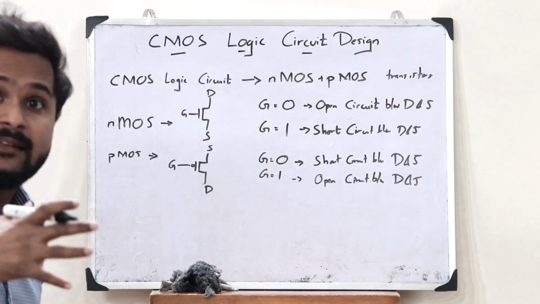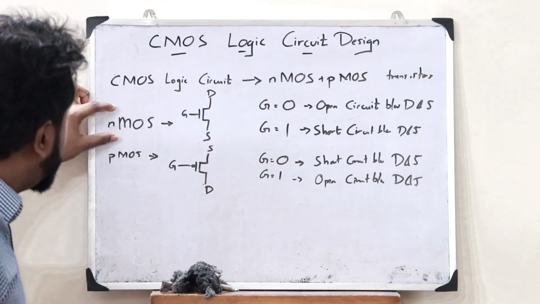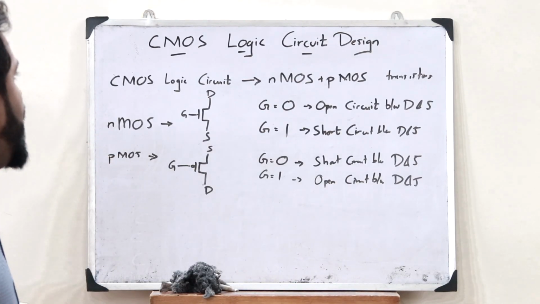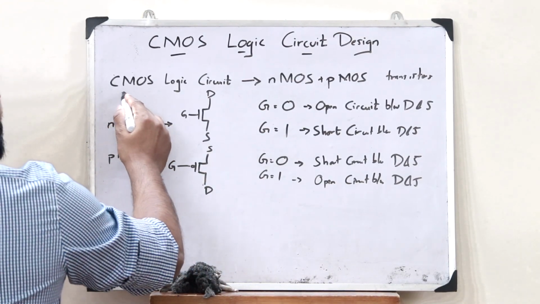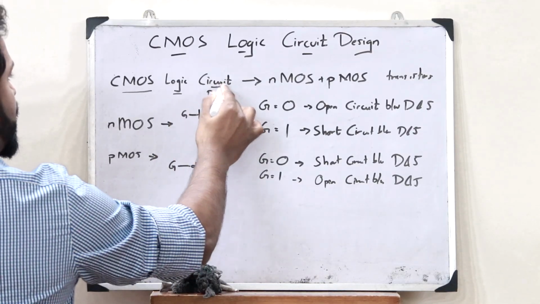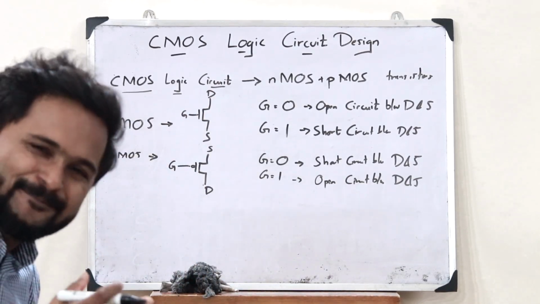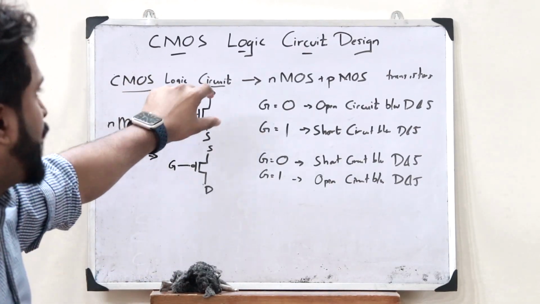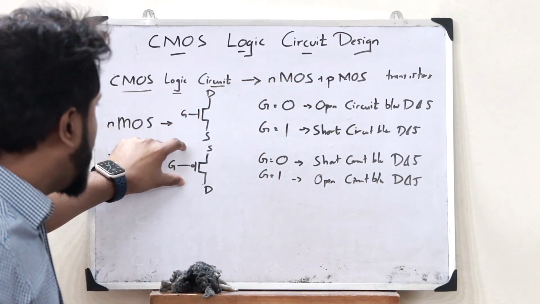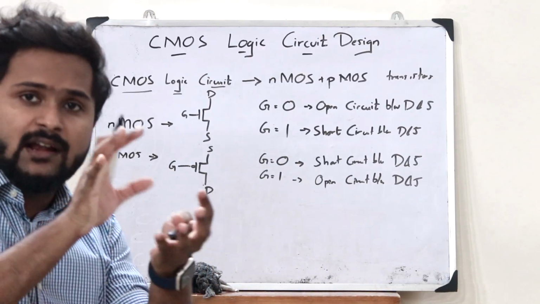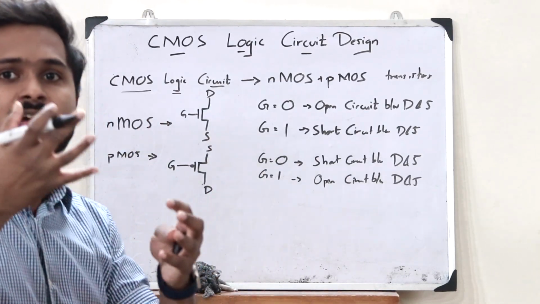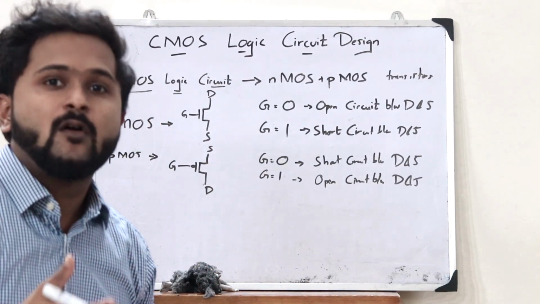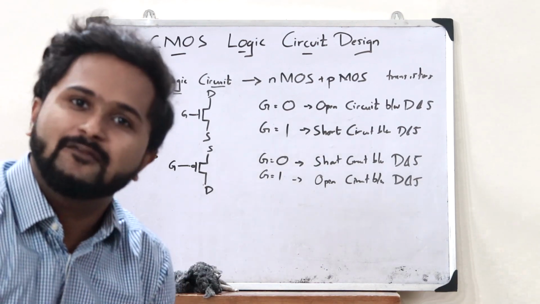So it is with the help of these two transistors that we create a CMOS logic circuit. As simple as that, guys. We just take one type of NMOS transistor and another type of PMOS transistor, and we connect them in multiple different ways, and thus we achieve whatever circuit we require.